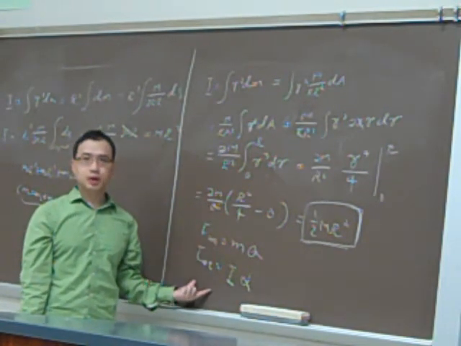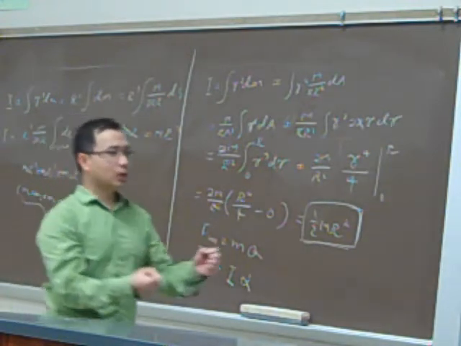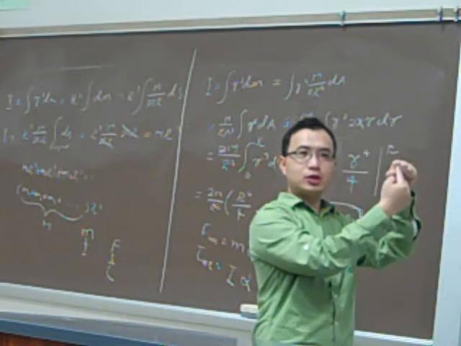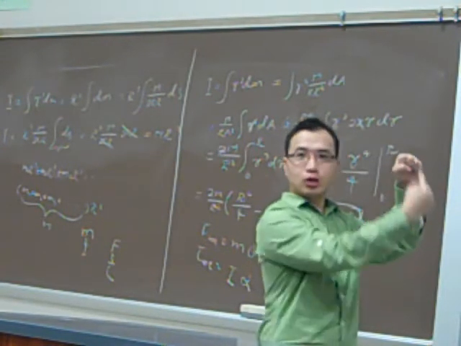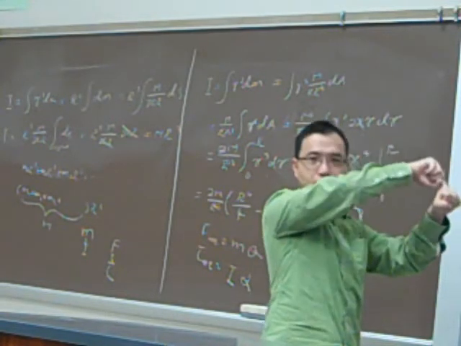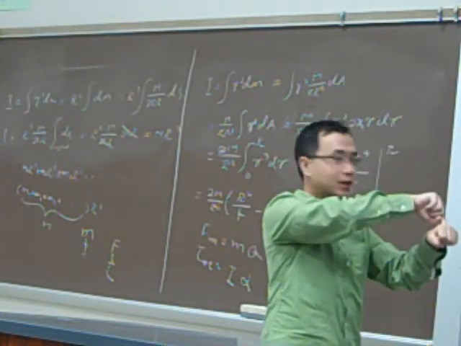Any question? It just says that if you want to accelerate the rotation of an object, you have to apply a torque. To decelerate, you also have to apply a torque.